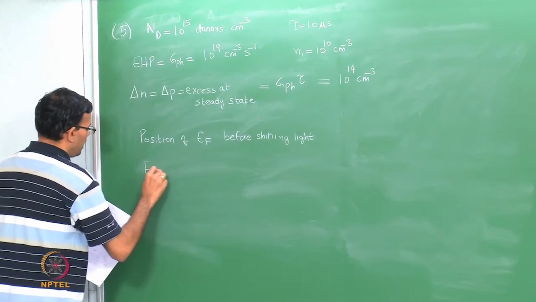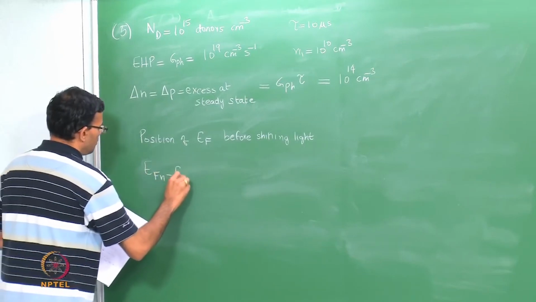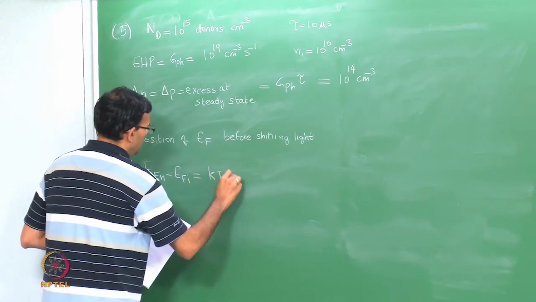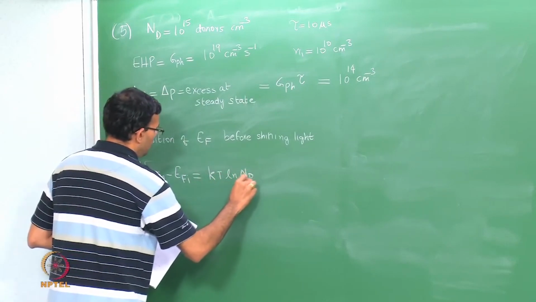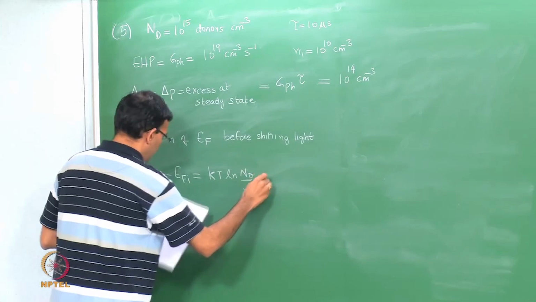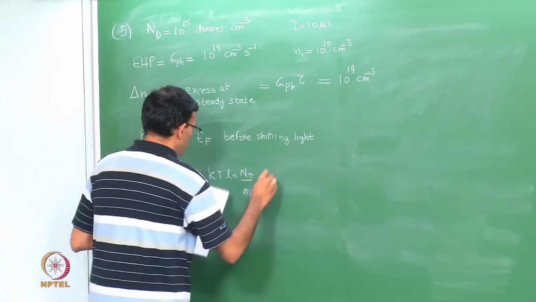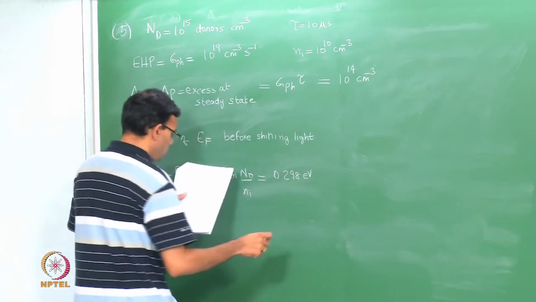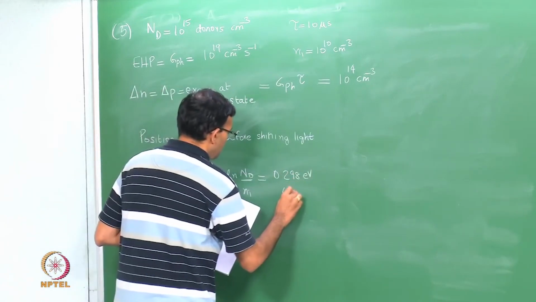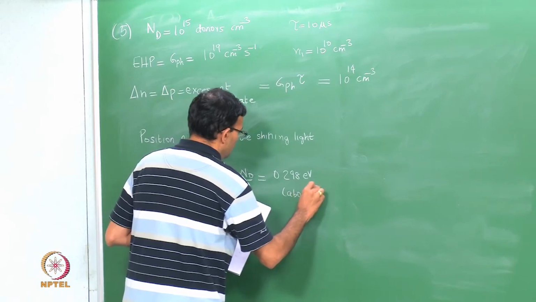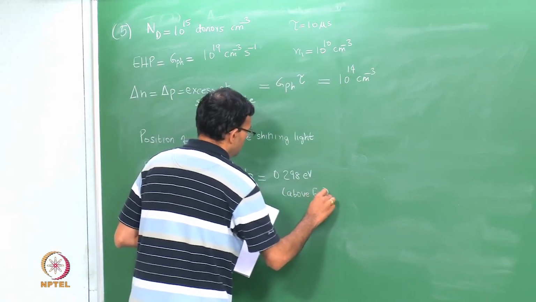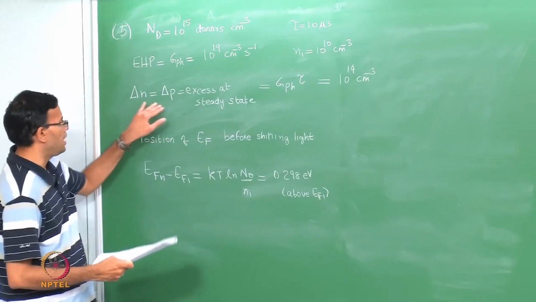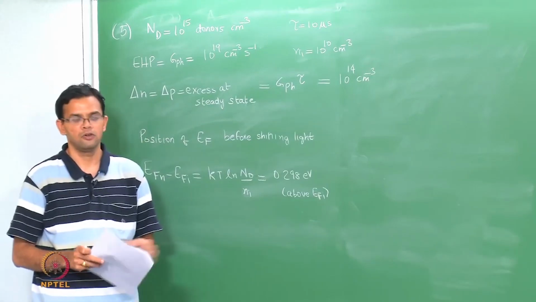So, that EFn minus EFi is kT ln of Nd over Ni. This works out to be 0.298 electron volts, and this will be above EFi. So, we now shine light and the light generates excess electrons and holes.